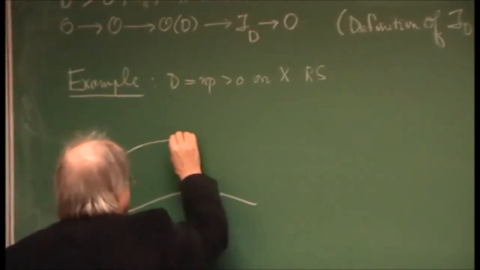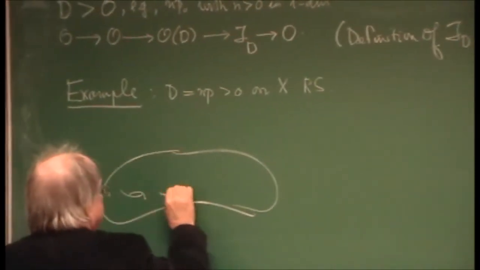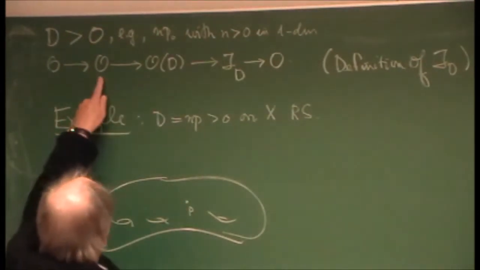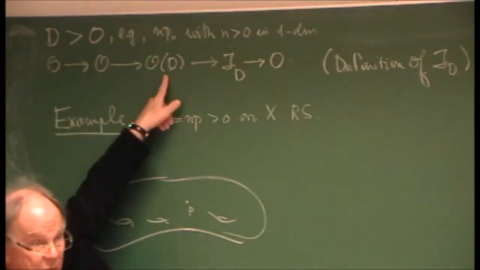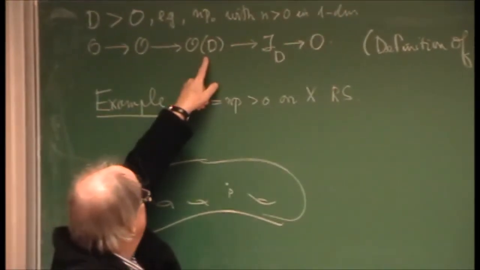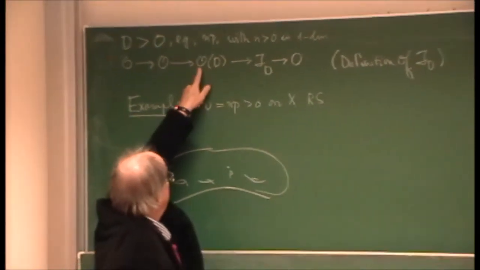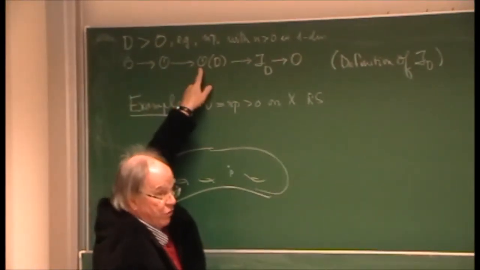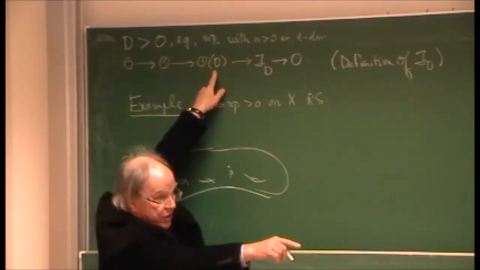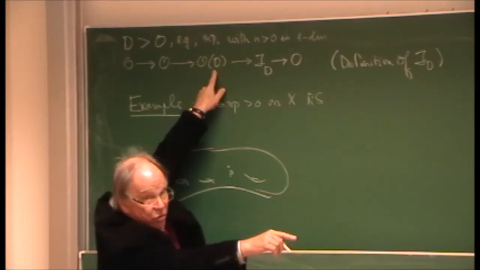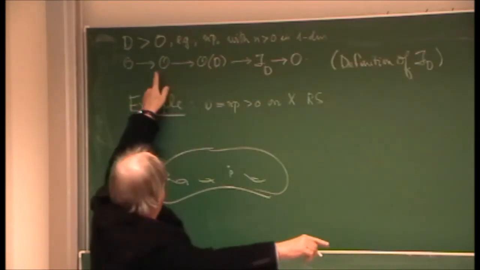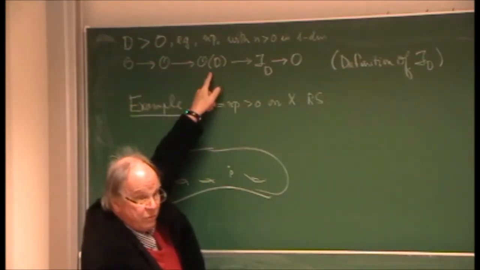Here's the Riemann surface, and here's this point P. Outside of P, the condition is that this is the sheaf of germs of meromorphic functions whose divisors are bigger than or equal to minus D, but outside of P this means holomorphic, because you only allow poles at P. So outside of P, this injection is an isomorphism.